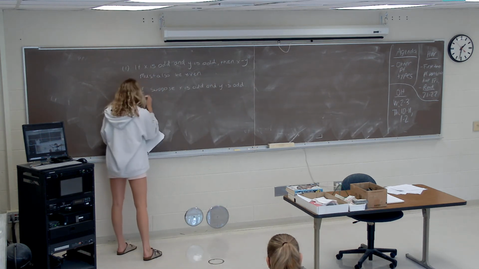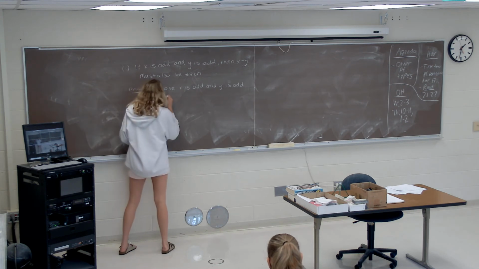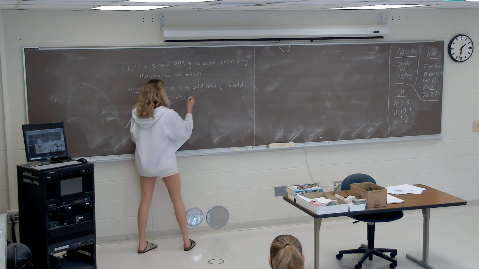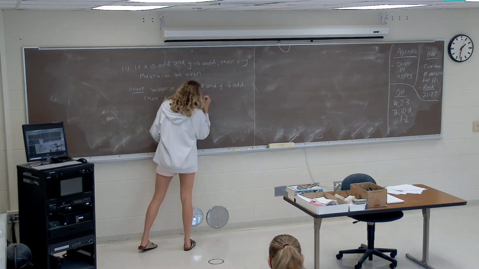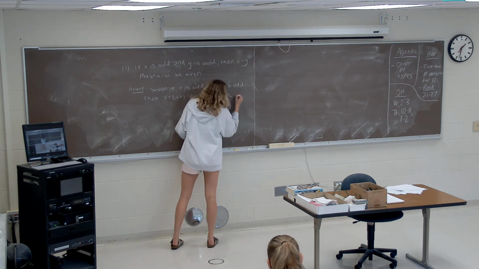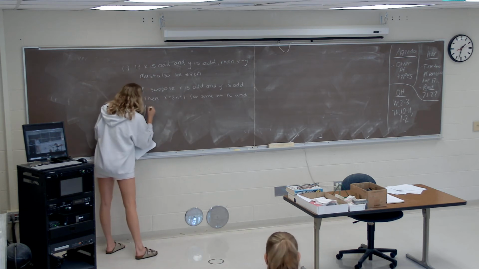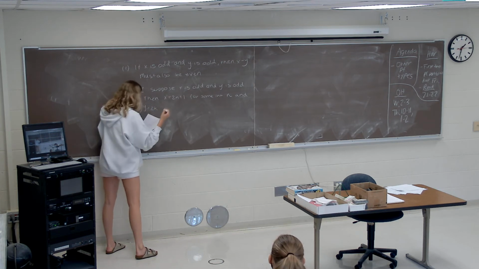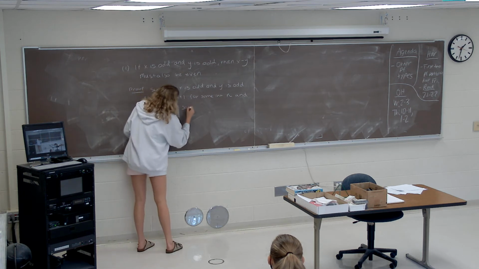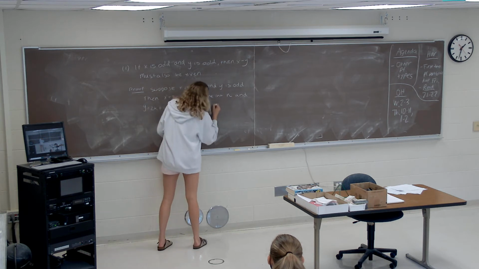Then x equals 2n plus 1 for some integer n, and y equals 2k plus 1 for some integer.